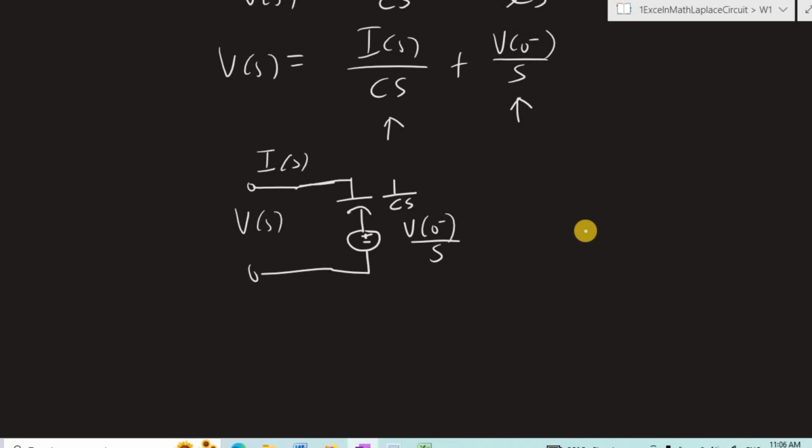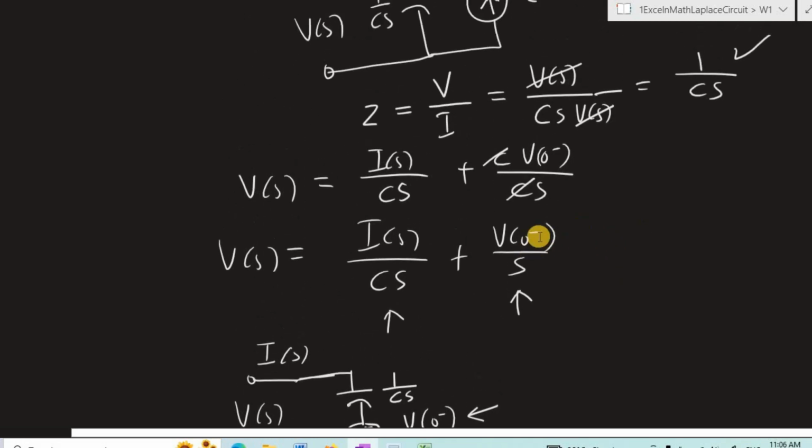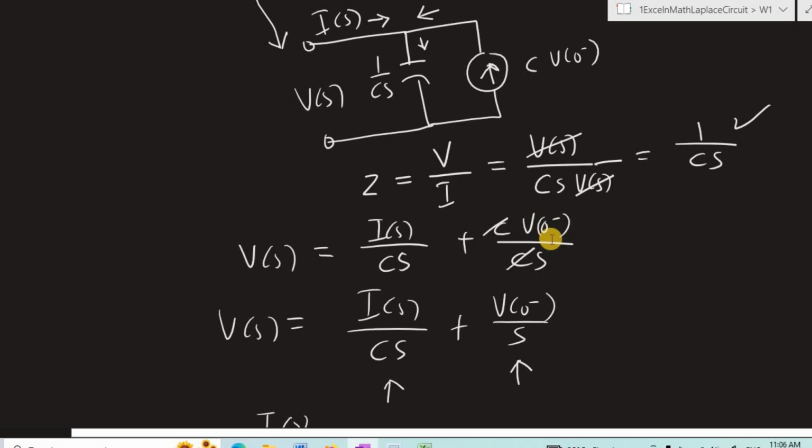This term here, V0 minus, again, is the voltage across the capacitor at time t equals 0 minus, and this is the initial condition incorporated in the circuit. So now we have two models to choose from for the capacitor in the S domain.